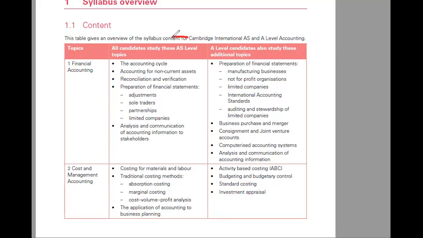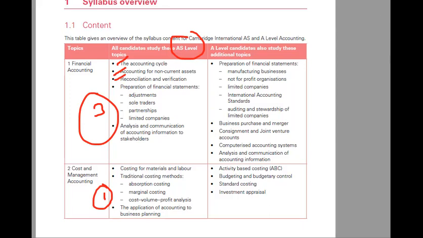Look at this. At AS level, we will cover accounting cycle, non-current assets, reconciliation and verifications, sole proprietor, partnership, and certain other analysis. And at cost, 3 questions will come from here, and the examiner will cover 1 question from costing of material and labor, absorption, marginal and cost volume profit analysis, and applications.